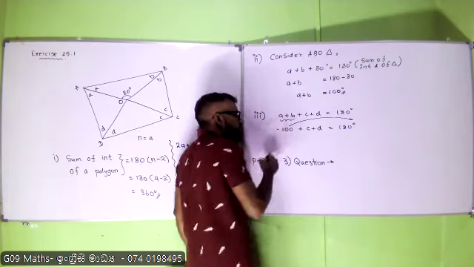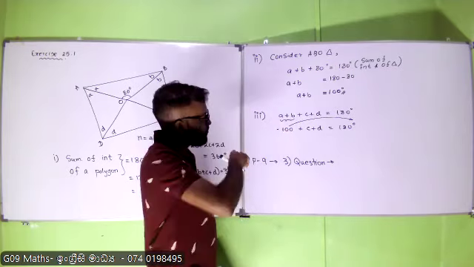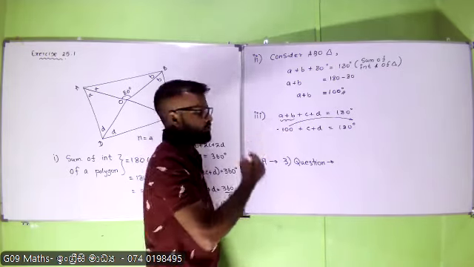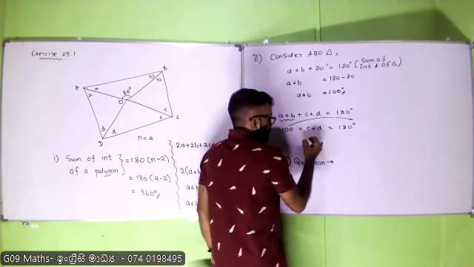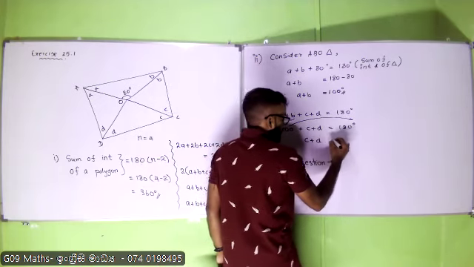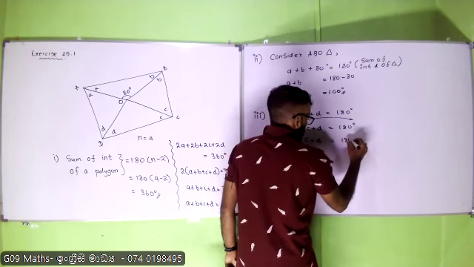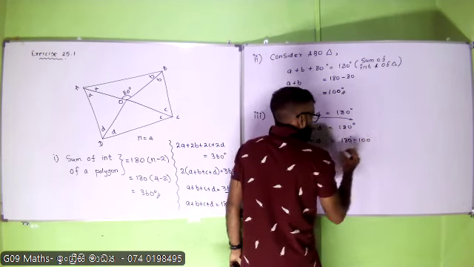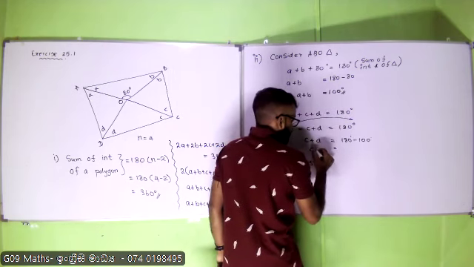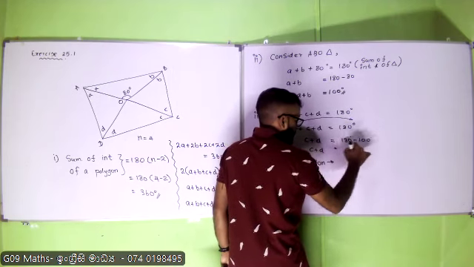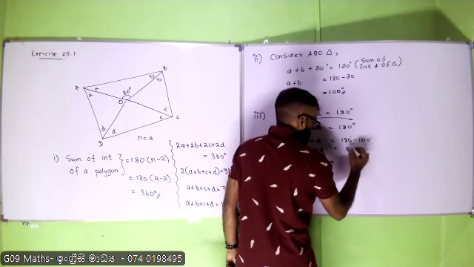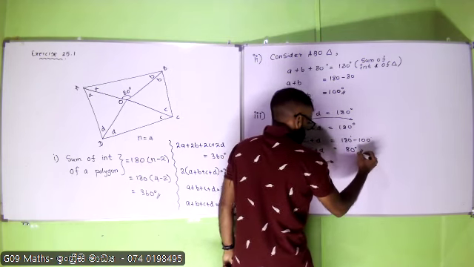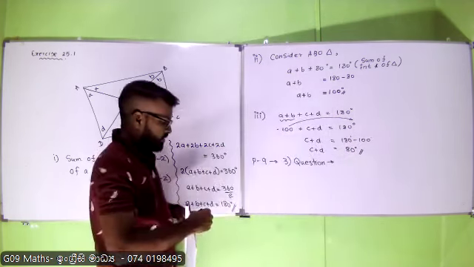This 100 is already positive, and when it goes to the other side it becomes negative. So c plus d equals 180 degrees minus 100 degrees, which is 80 degrees.